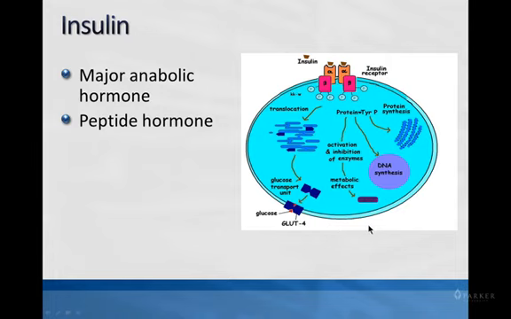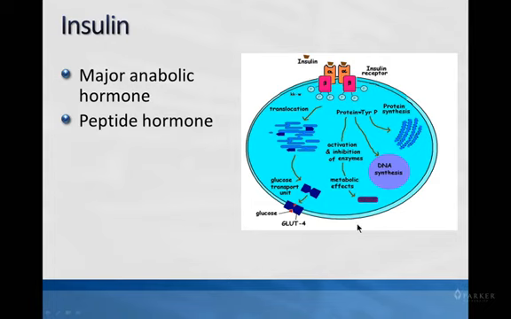Now, the insulin receptor is an example of what we call a tyrosine kinase receptor. When the hormone binds the receptor, it has a tyrosine kinase associated with it that ends up phosphorylating these beta subunits, making this receptor active, and eventually through a series of steps resulting in changes within the cell.